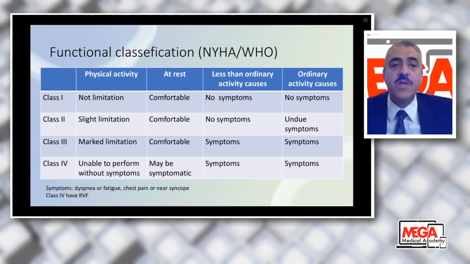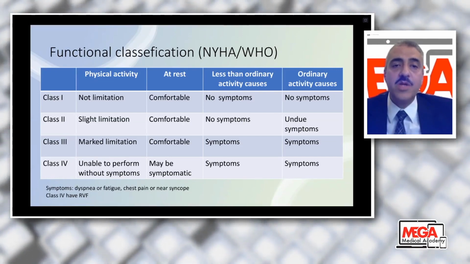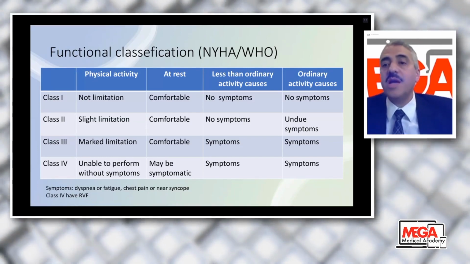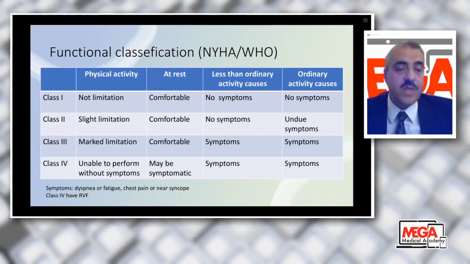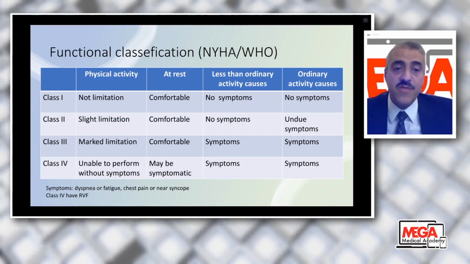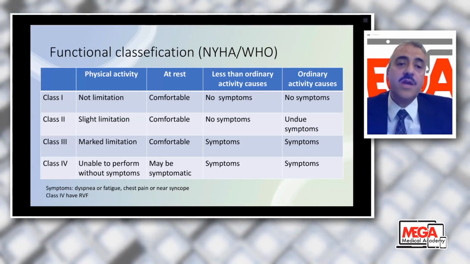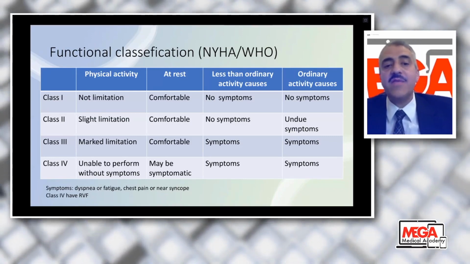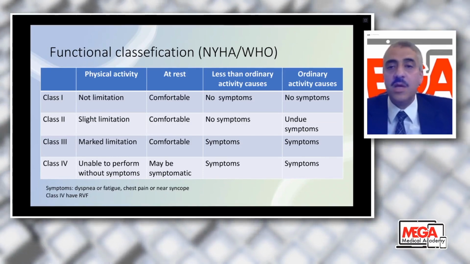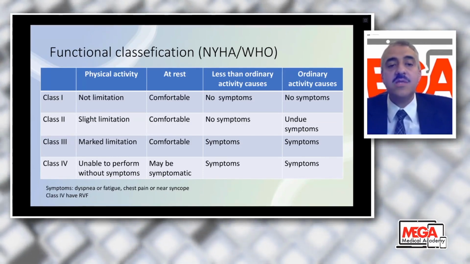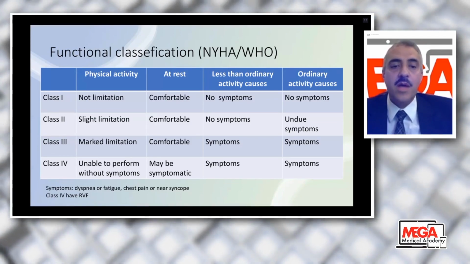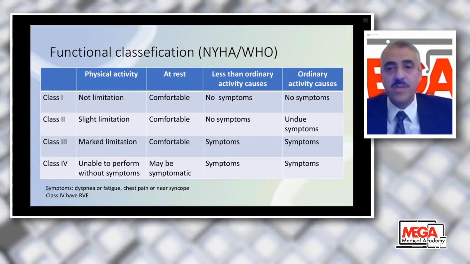In class 3, the patient complains of marked limitation of physical activity and cannot perform his usual activity throughout the day. Class 4 usually means right ventricular failure: the patient is unable to perform any physical activity without symptoms. He complains of symptoms at rest, in the form of dyspnea, near syncope, or sometimes arrhythmias.